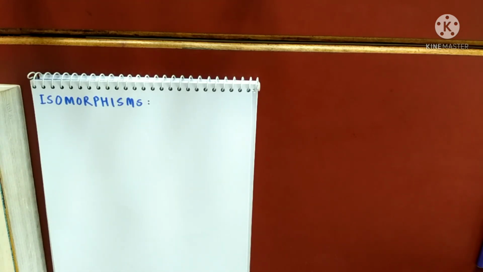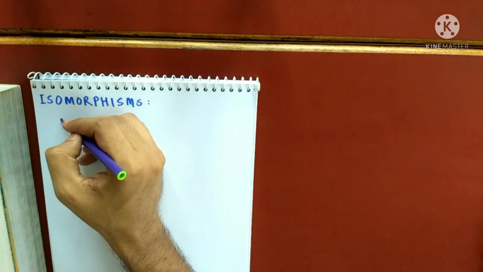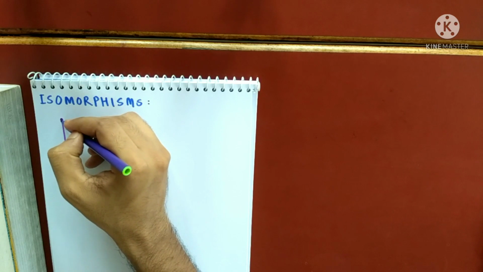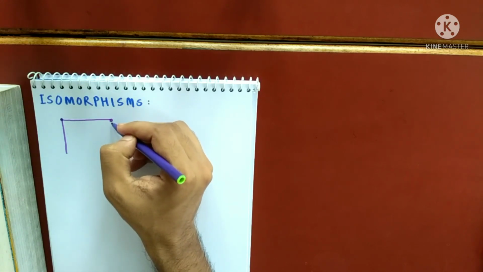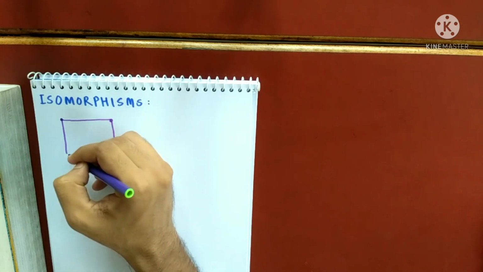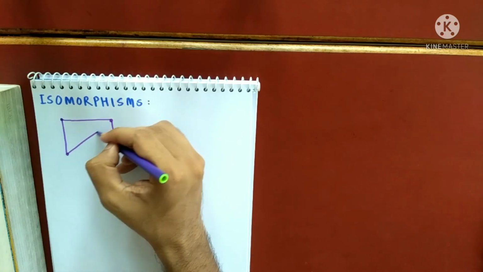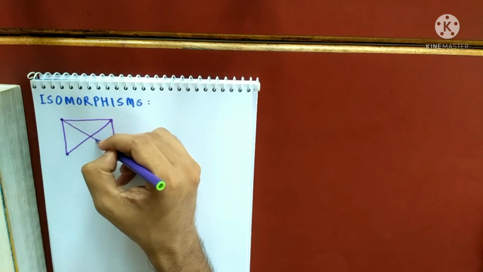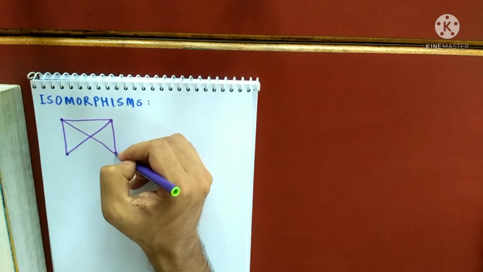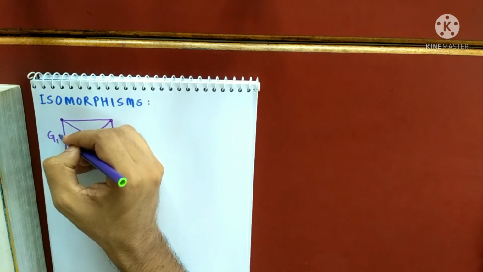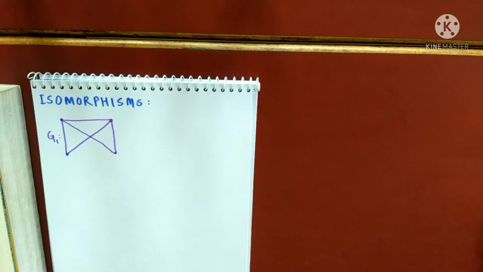For example, I'll give you a basic understanding of what I said. Consider two graphs. Let me draw two graphs pictorially. So consider this graph G1, and let me draw another graph G2.